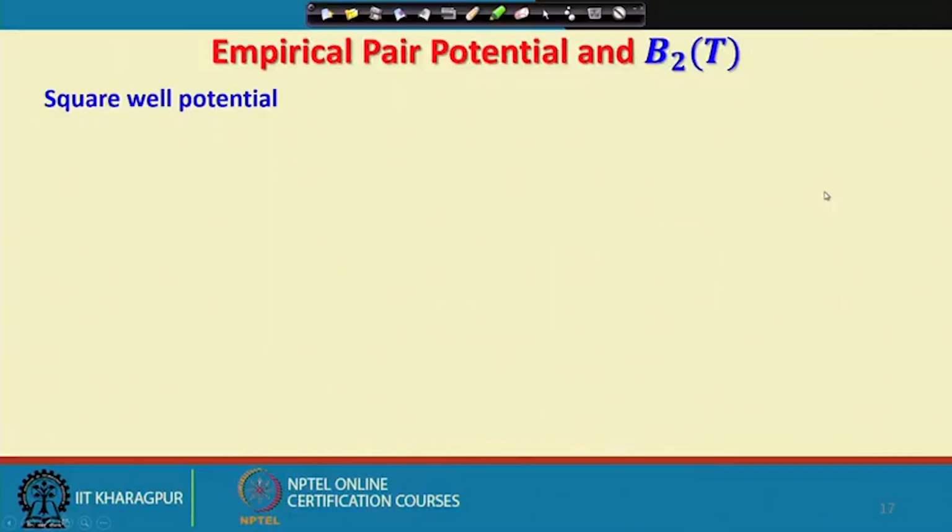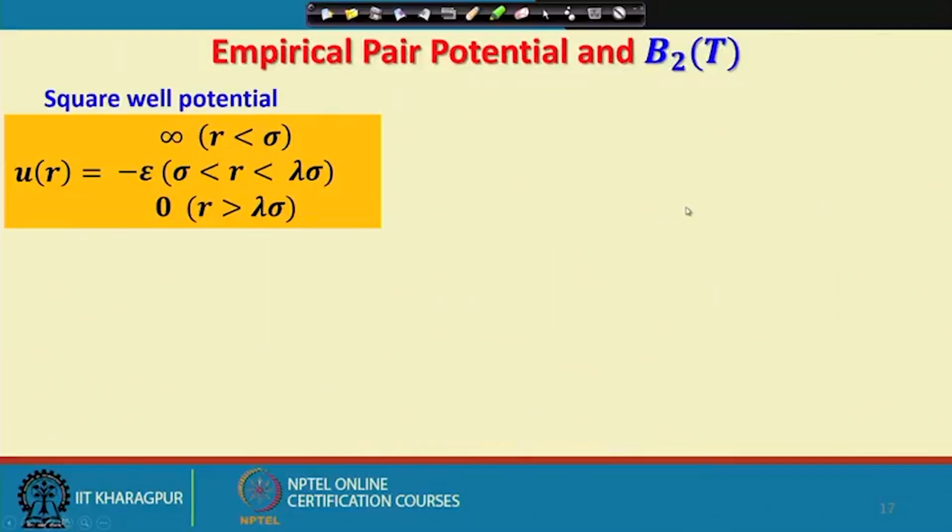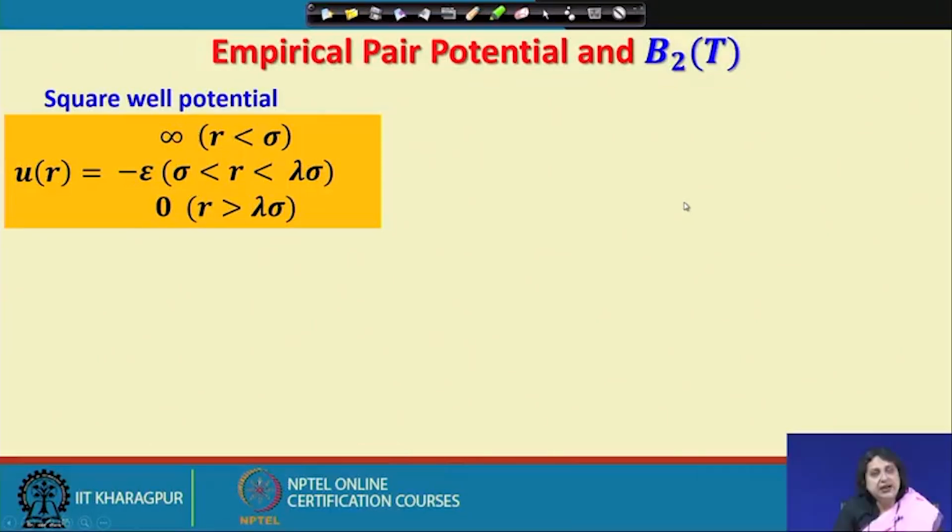So, obviously, the next step would be to introduce an attractive interaction between the particles at intermediate separation. That is exactly done by considering the square well potential, and here it has three distinct regions. First, at very small distances less than sigma, u, as in the hard sphere diameter case, is infinity, and for r greater than lambda sigma, there is no interaction.